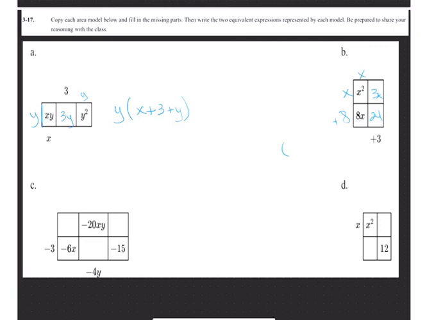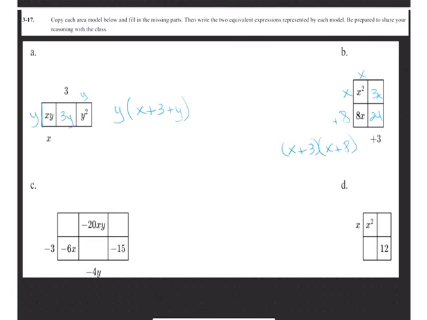So if I look at how far this is across, well, this was x, and this was plus 3, so that's going to give me x plus 3. And then on my side, I'm going to have x plus 8.